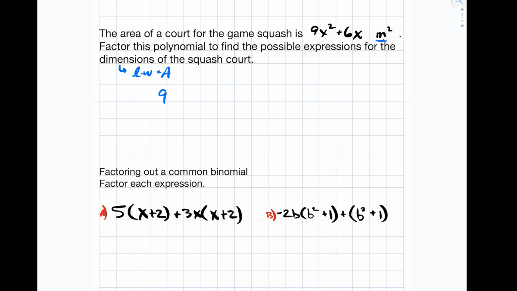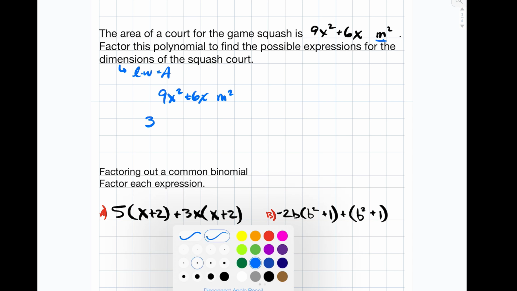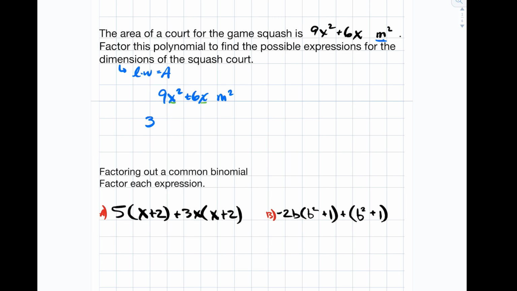So we got 9x squared plus 6x meters squared. What number goes into both 9 and 6? 3, right? And you can see that they both have an x, right? This first one has x squared. So this is going to be 3x plus, and 3 goes into 6 2 times.